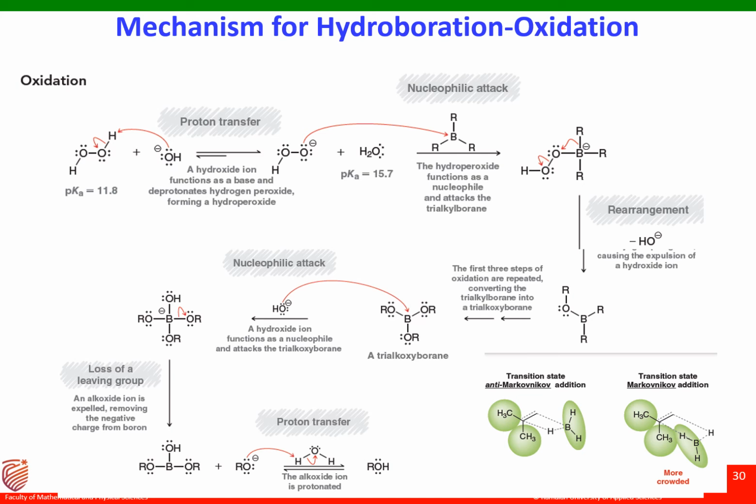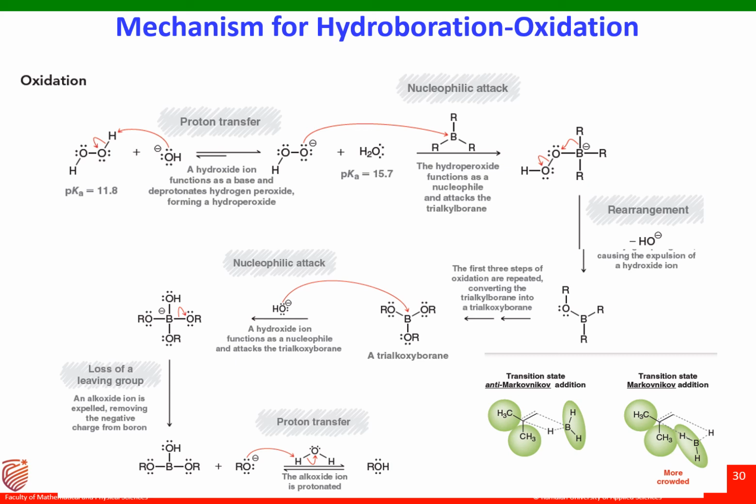The pKa value of this peroxide is 11.8, right? Whereas the hydroxide ion, which is a nucleophile and a base too, will drag one of the protons from the peroxide.